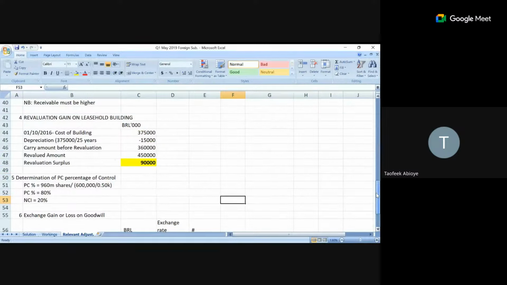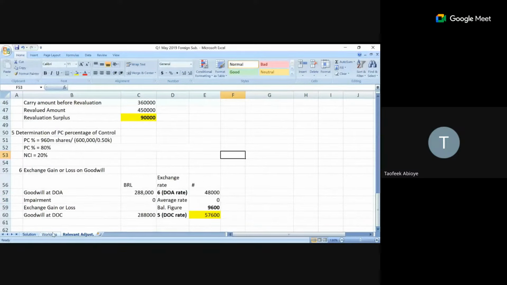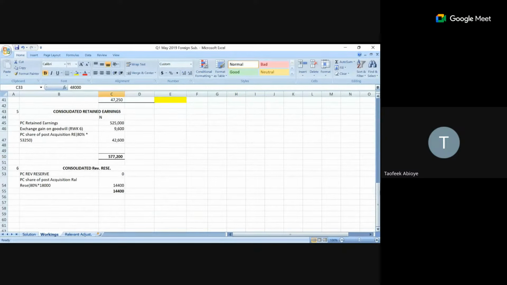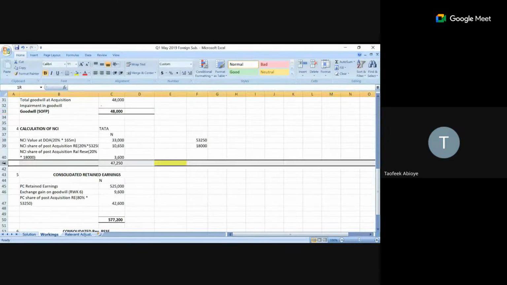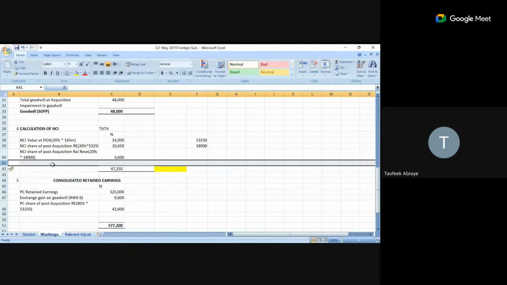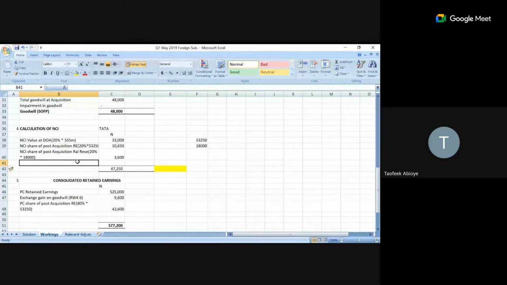Yes, this is just it. You just go to your NCI calculation in your working note 4. So you just come here. We are just going to insert another row here. You just put NCI share of exchange gain. You just calculate 20% of that exchange gain. That will give NCI. They will now come to the parent company share of exchange gain. Parent will now collect 80%.